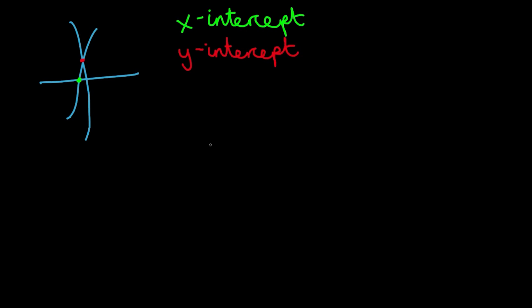So in order to do this, let's have a look at the slope-intercept form. Y equals mx plus c, and we'll say that y is equal to 3x plus 4.